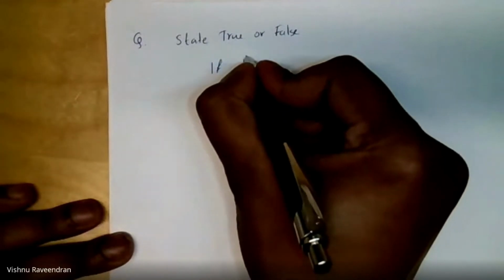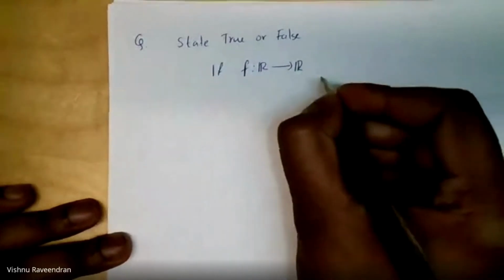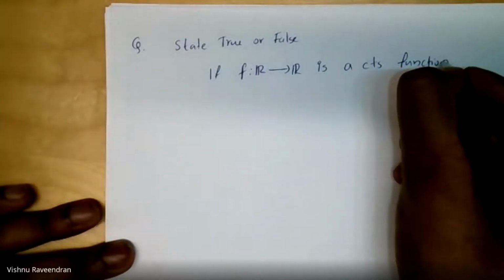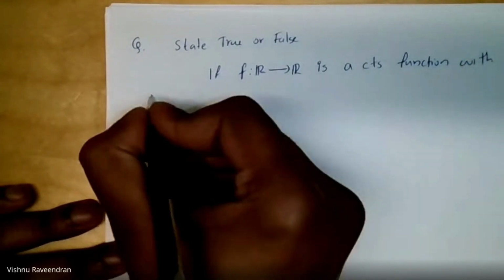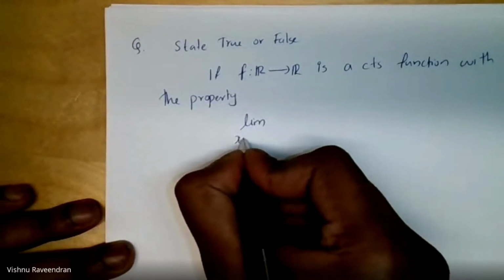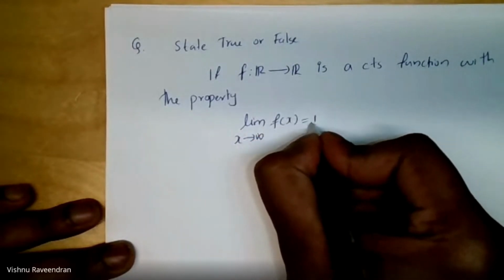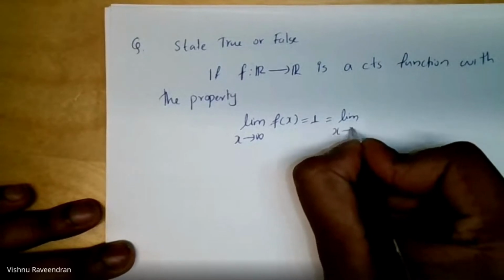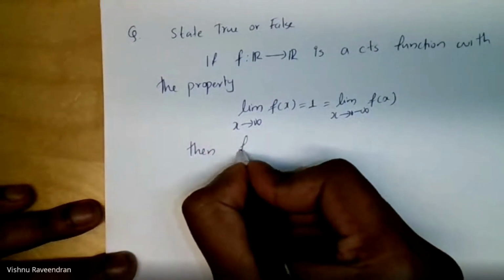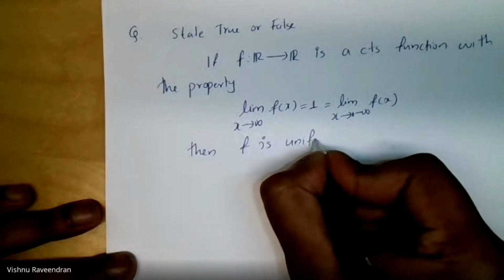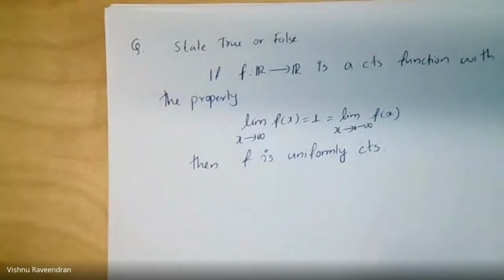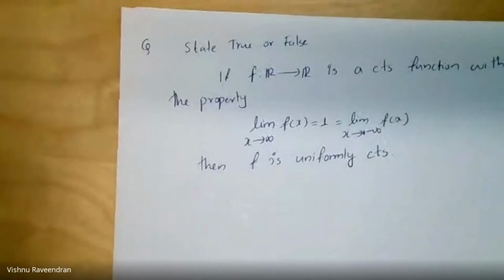If f from R to R is a continuous function with the property that the limit as x goes to infinity of f of x equals 1, and also the limit as x goes to minus infinity of f of x equals 1, then f is uniformly continuous.